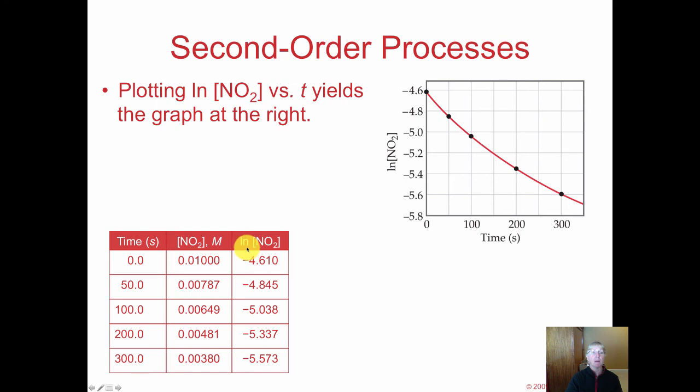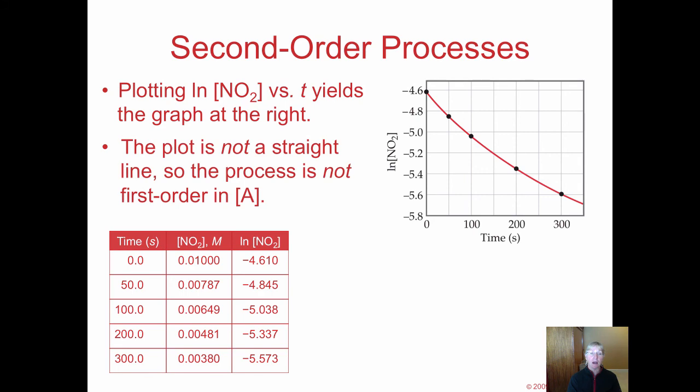If you make a column that just says natural log of the nitrogen dioxide concentration, that's what these values here are. And when you graph those with time on the horizontal and the natural log of the concentration of the nitrogen dioxide, you get a curvy line. Not terribly helpful, because had it been first order, it should have been a straight line, and it's not.